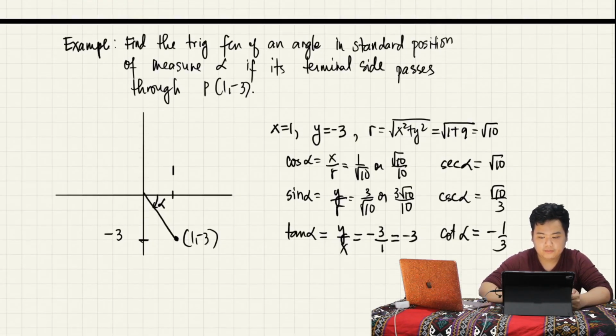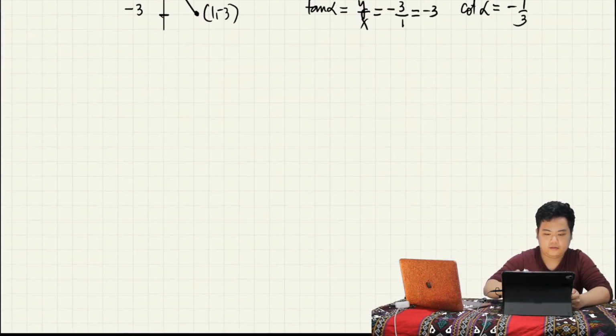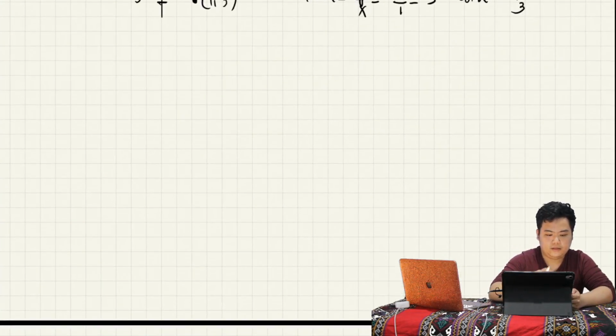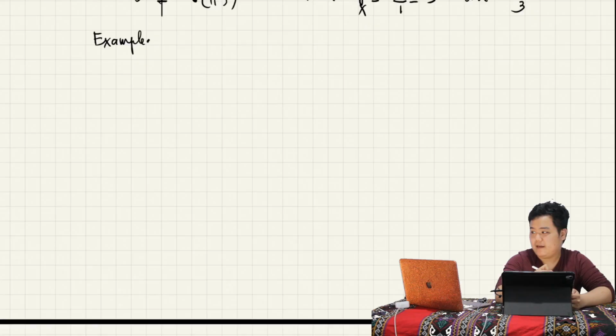So, let's do one more example. Let's say we have an angle alpha. Let us find the 6 trigonometric functions of alpha.